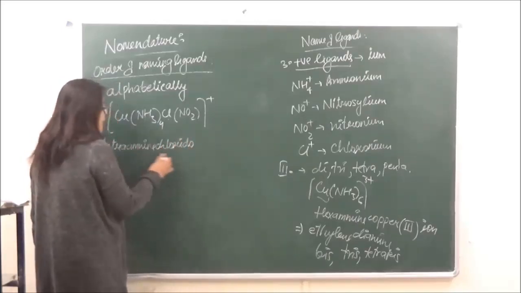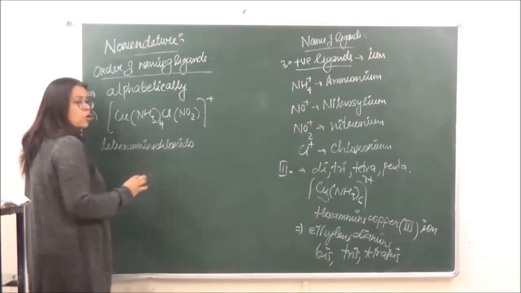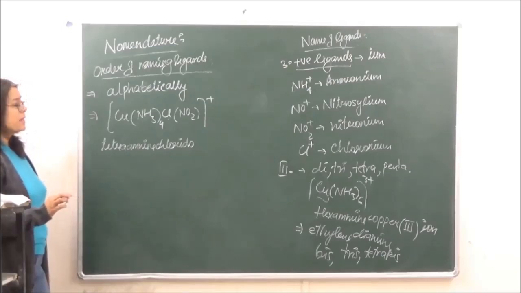Now you can see that I am writing this in one distinct word only. There is supposed to be no space between the ligands and the central metal atom. The space will only be between the coordination entity and the counter ion.